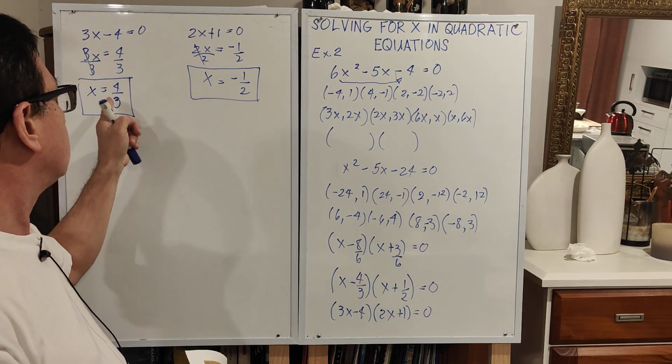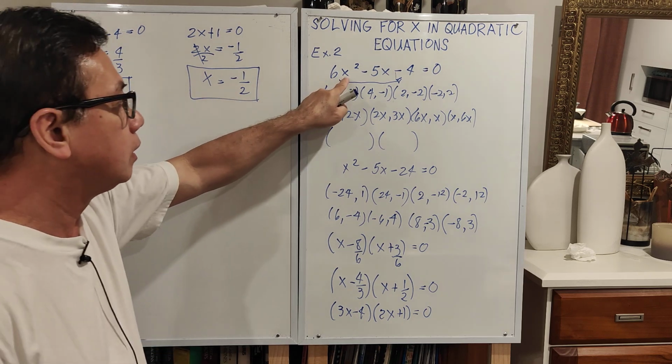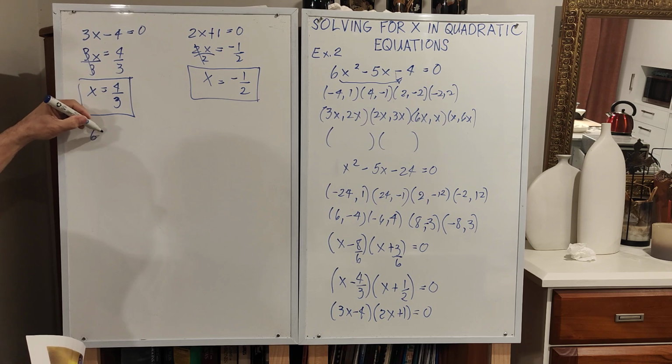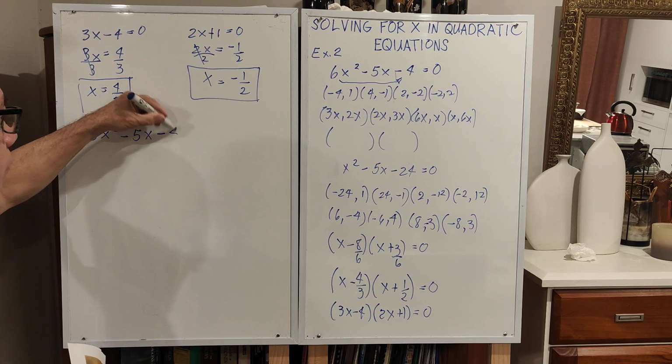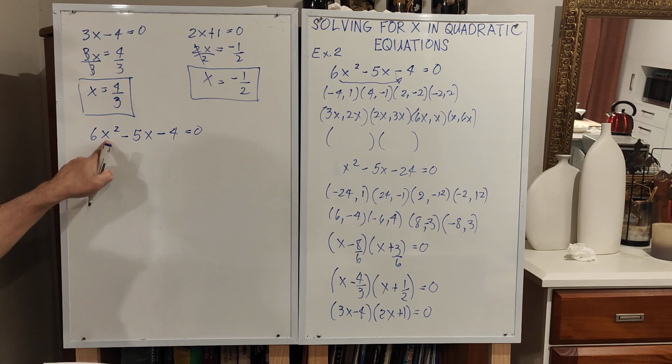So let us now put the value of x of 4 over 3 into the x of this one. So let's write first the original equation. 6x squared minus 5x minus 4 is equal to 0. So we replace this with 4 over 3.